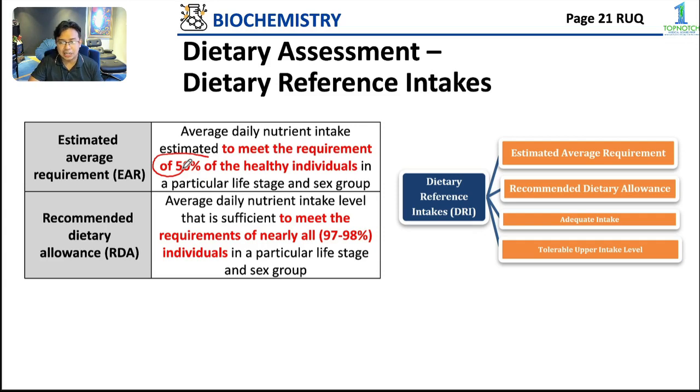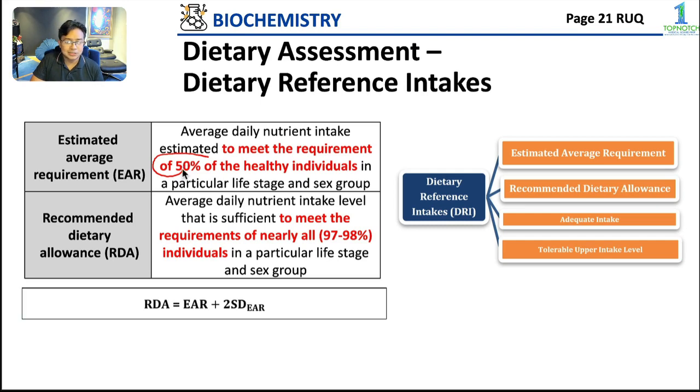Now, sinasadya siya para magka-provide ng margin of safety for most individuals during nutrient acquisition. Now, look at this formula. To get the RDA, you must get first the EAR of the specific nutrient. Okay, kasi kailangan mo makuha ang kanyang value para makuha mo yung kanyang 2 standard deviation to get your RDA. Therefore, EAR is needed to establish the RDA for a specific nutrient.